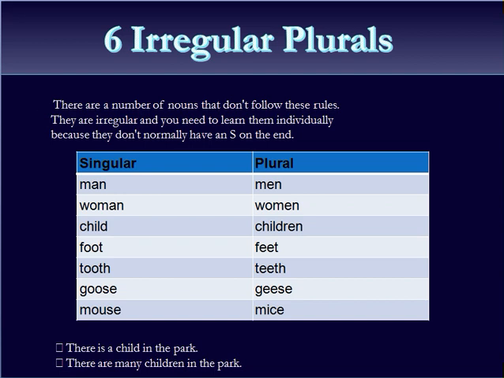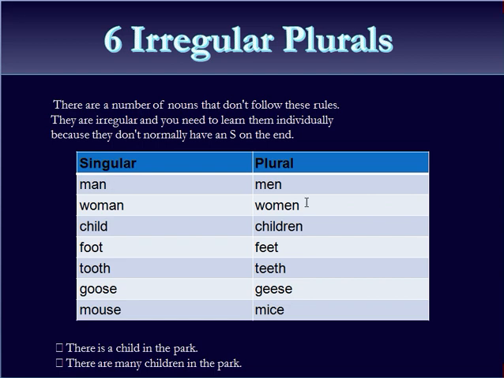There are a number of nouns that do not follow these rules. They are irregular and you need to learn them individually because they don't normally have an S on the end. So here are some examples. Let's look at them.